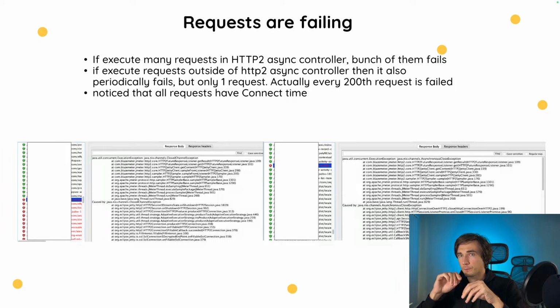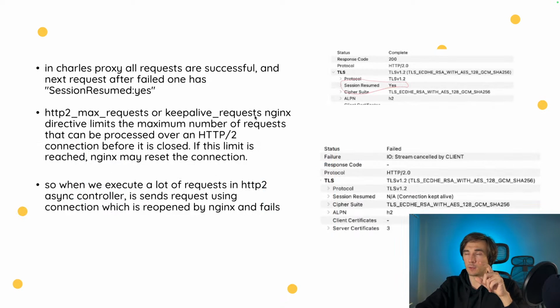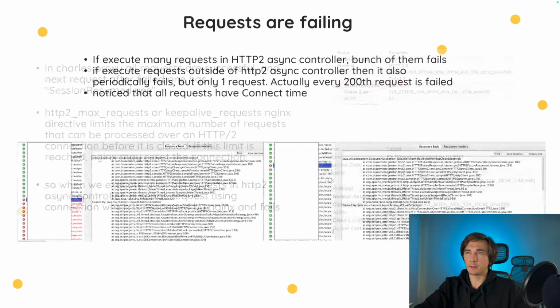But only the first 200 can be processed, because for the remaining 50, the server is coming to this keep alive limit. So 200 are processed, it resets the connection, creates a new one, and then all these 50 extra requests just fail.